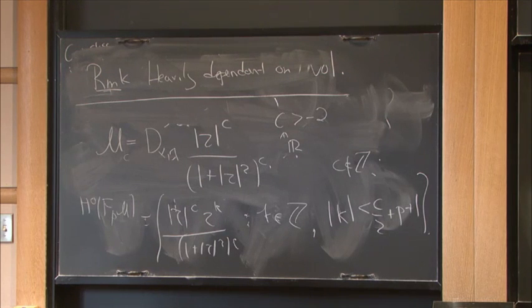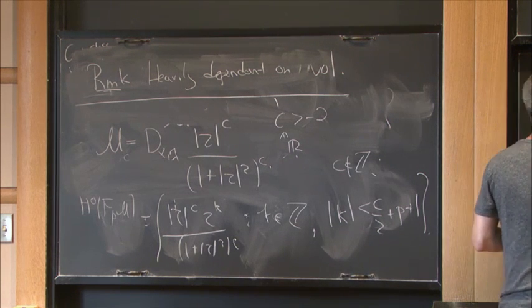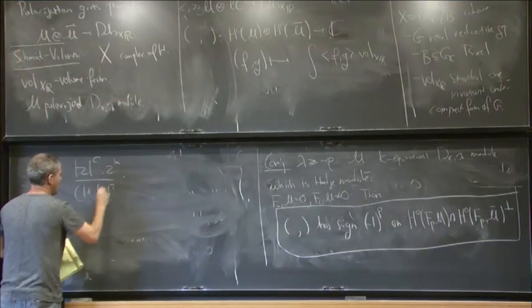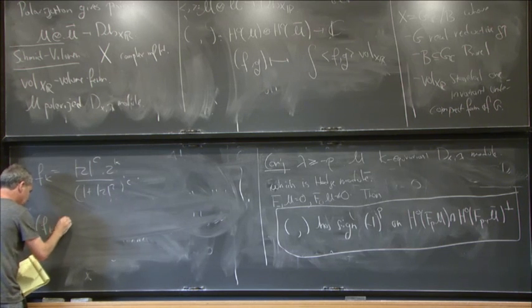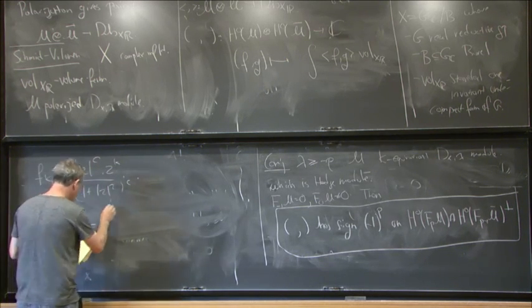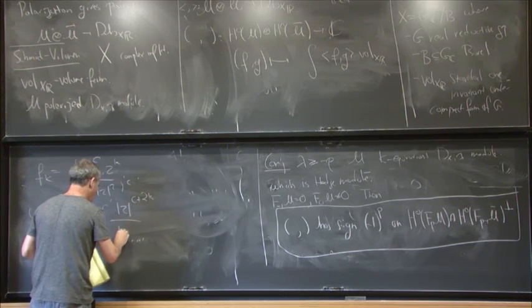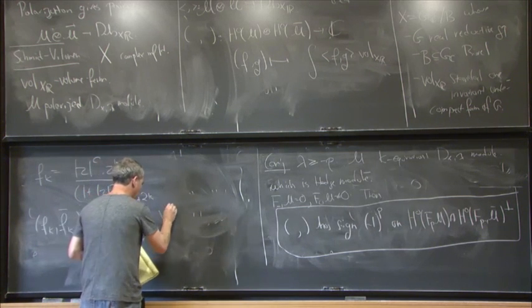And then how do you prove the conjecture? Well, you can actually do these integrals. So you set f_k equal to this thing, z^c z^k over (1 plus |z|^2)^c. What you get is that f_k times f_k bar is this integral of absolute value of z to the c plus 2k over (1 plus |z|^2)^c times the volume form.